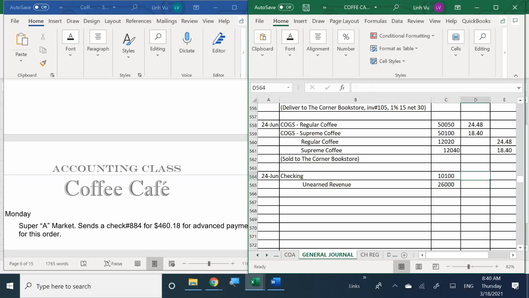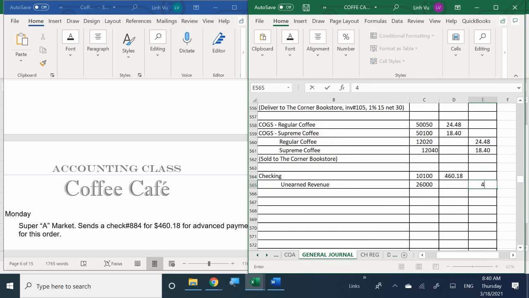Okay. So how much was it for? 460.18. They gave us an advance payment of 460.18. Okay.